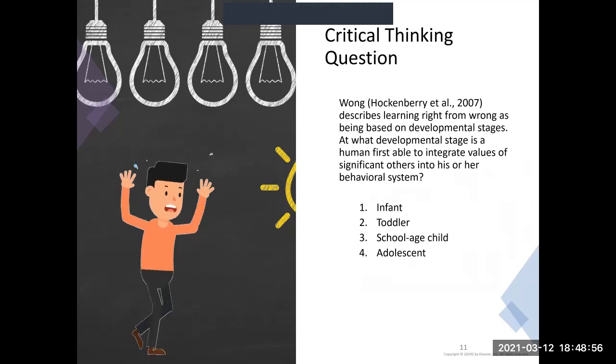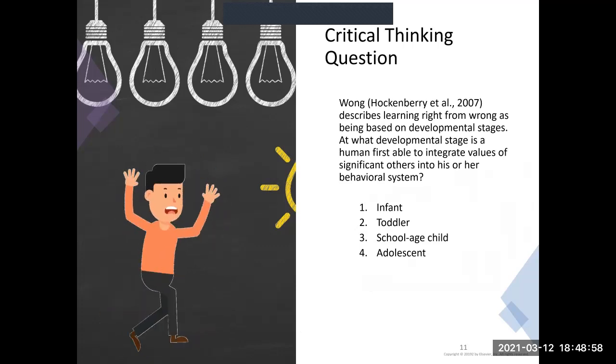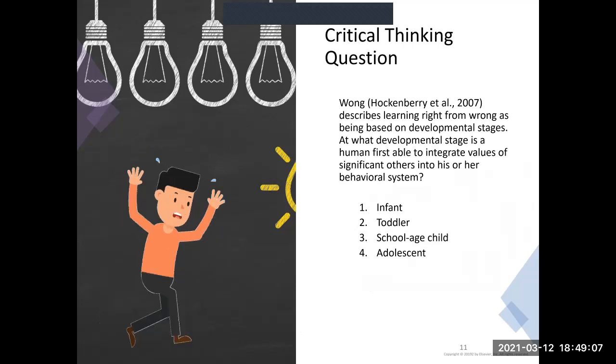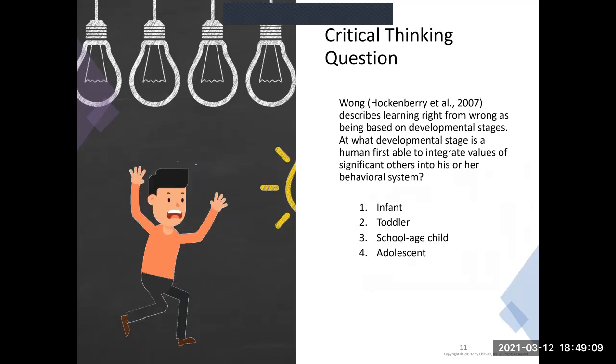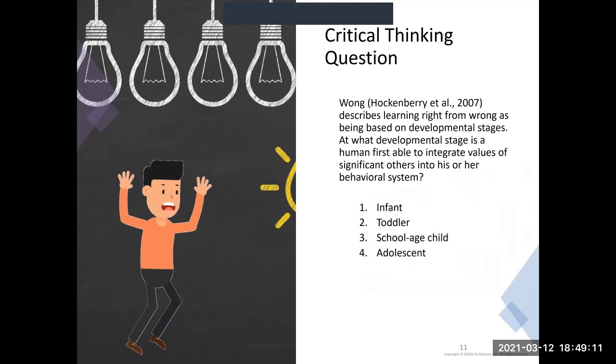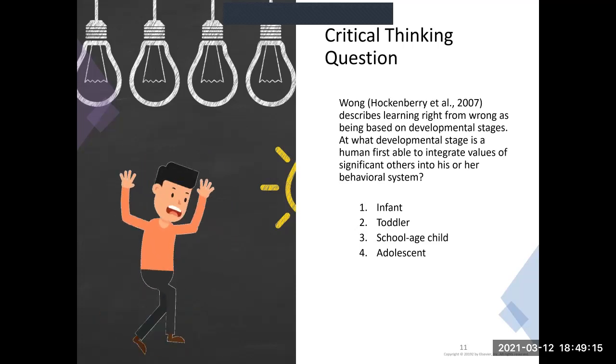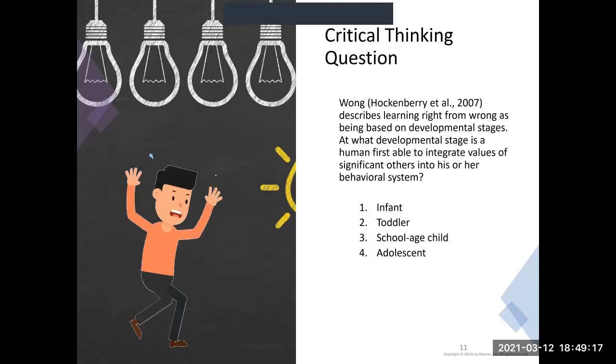And that is toddler. At toddler, they start learning who's mommy, who's daddy, what I can do, what I cannot do, because mommy will not be happy, things like that. Again, I think Piaget is the theorist that went into detail about developmental stages when it comes to value formation.